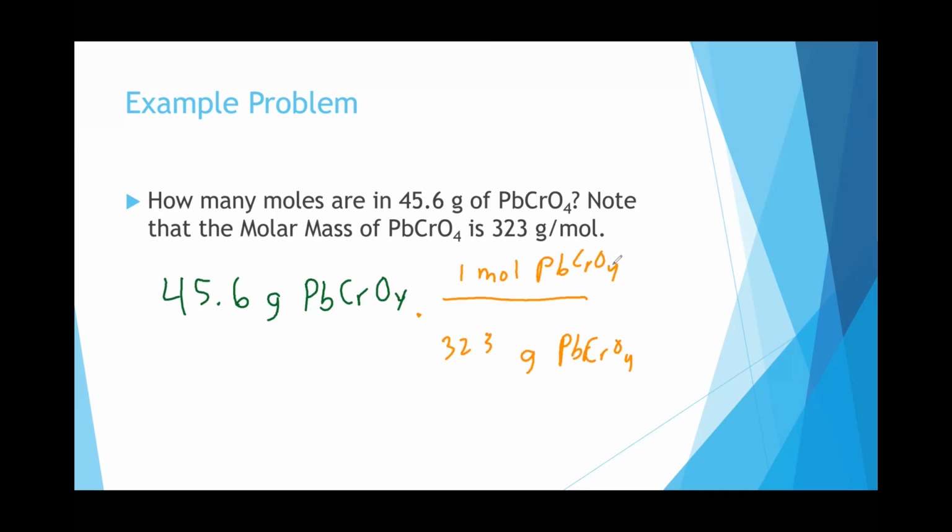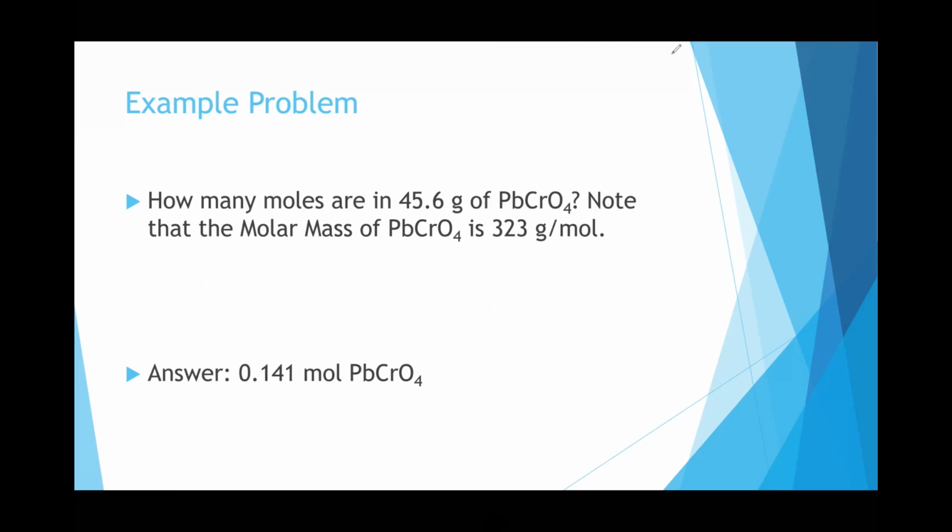And as usual, the grams cancel, and you do 45.6 divided by 323 and put that into your calculator, and you would get 0.141, which is the correct answer. So good job. So that was grams to moles conversion.